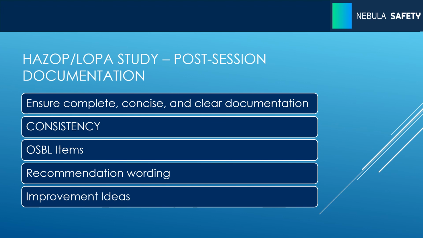You want to make sure that the recommendations are written as open-ended to allow for closure by another solution. The purpose of the study is for hazard identification and not necessarily to solve all the problems on the spot. You want to provide some options for closure as helpful, but you want to be careful with "thou shalt" recommendations that lock the engineering group into only one solution.